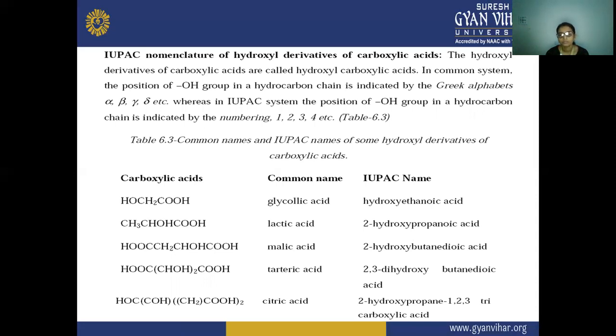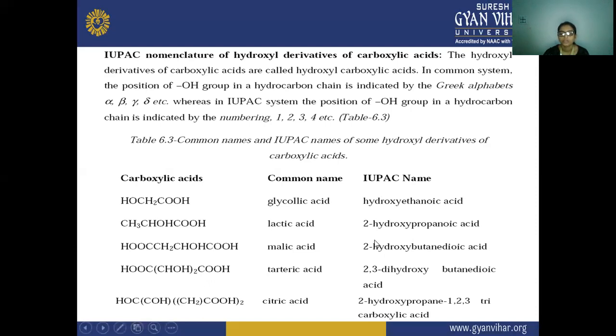In the common system, the OH group is indicated by the Greek alphabets alpha, beta, gamma, delta, but in the IUPAC system, its position is indicated by 1, 2, 3, 4, etc. So here the names are given. The common name is glycolic acid, and its IUPAC name is hydroxyethanoic acid.